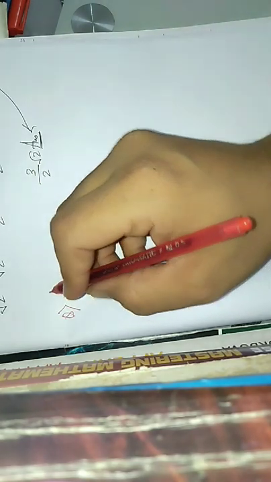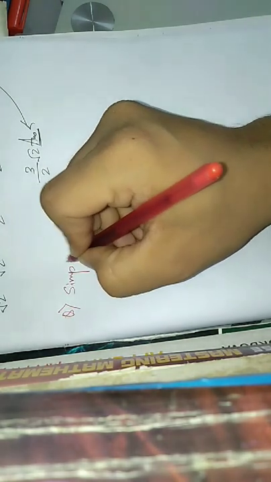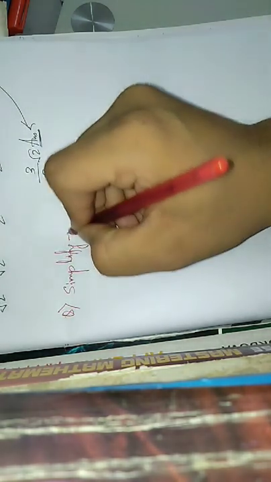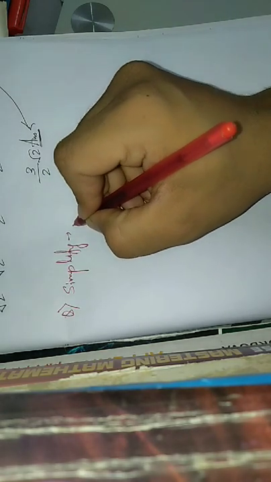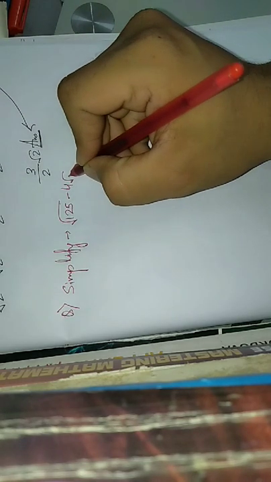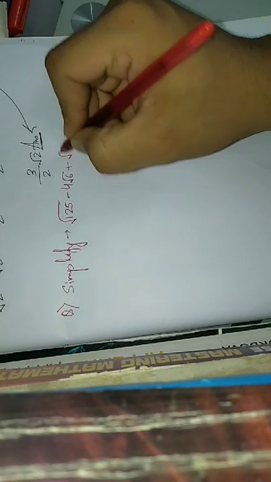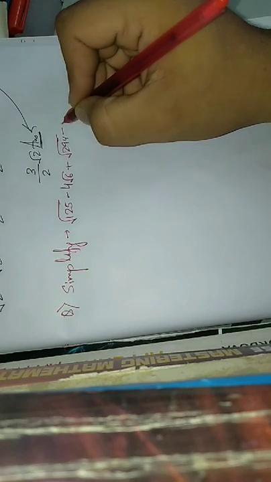One more simplification is there. They are asking you to simplify square root of 125 minus 4 root 6 plus root 294 minus 2 times the square root of 1 by 6.